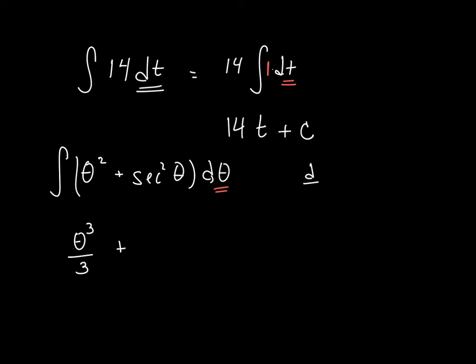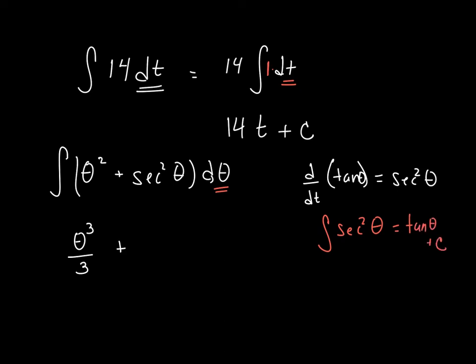The derivative of the tangent is equal to the secant squared. So that process now reverses. That means that the integral of the secant squared of theta is equal to the tangent of theta plus my constant.